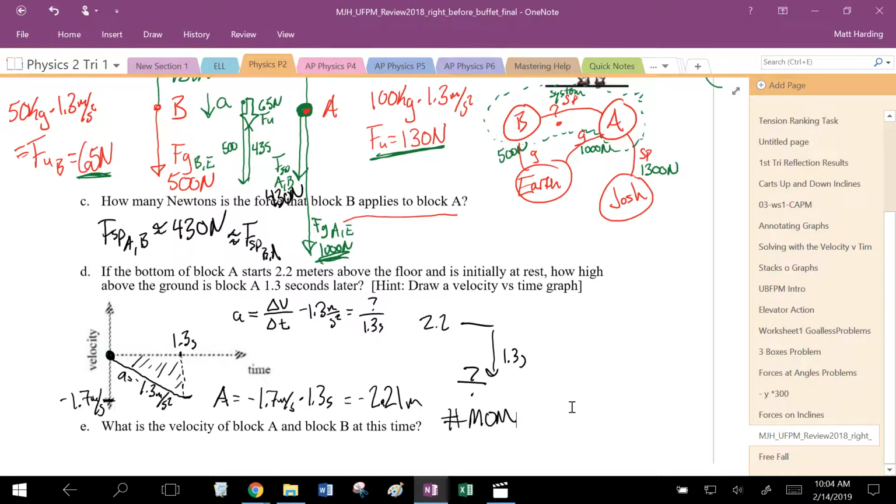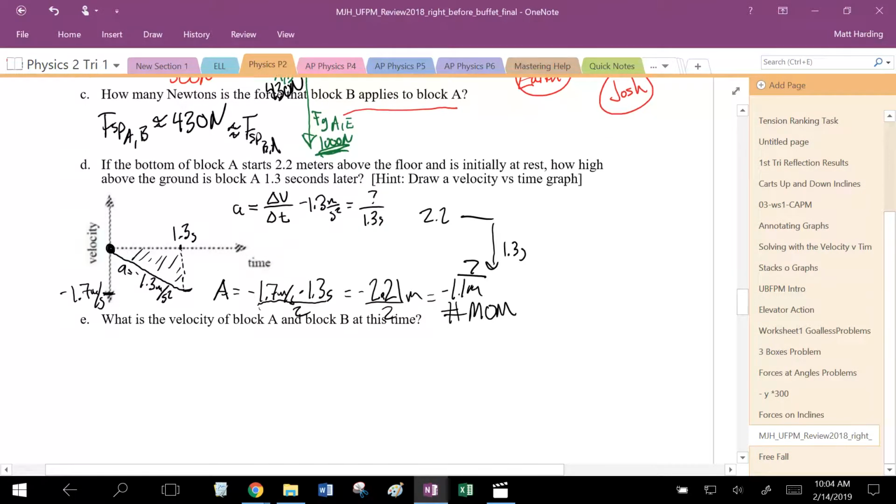Because it's a triangle, okay? So I made a mistake because it's a triangle. So I need to divide this by 2. Who's got a calculator? Negative 1.1 meters, okay? So it starts off 2.2 meters off the ground. It's going to fall 1.1 meters. So after 1.3 seconds, it's 1.1 meters off the ground.